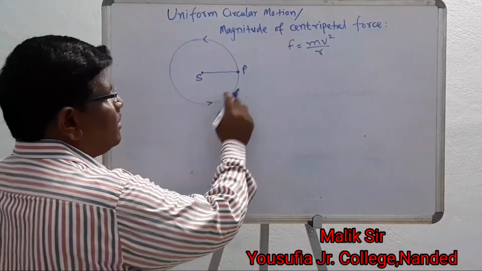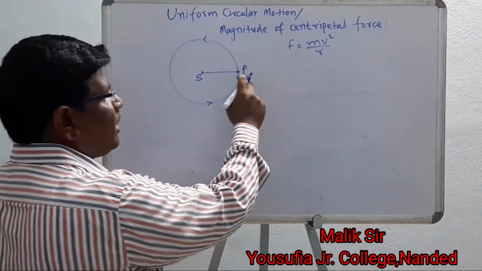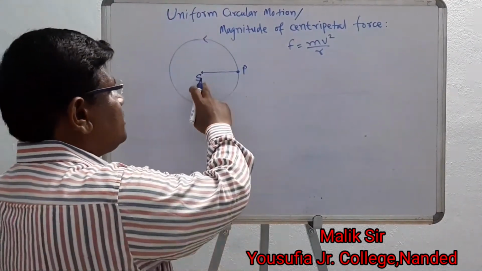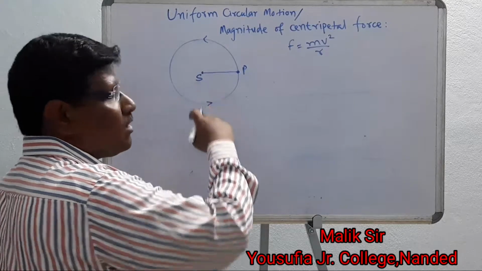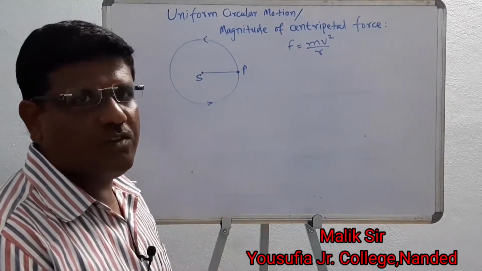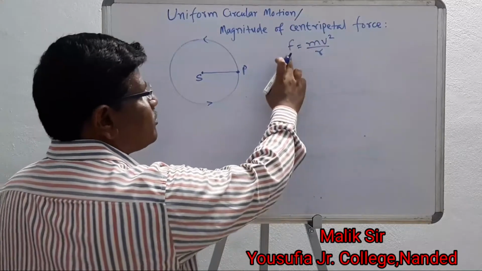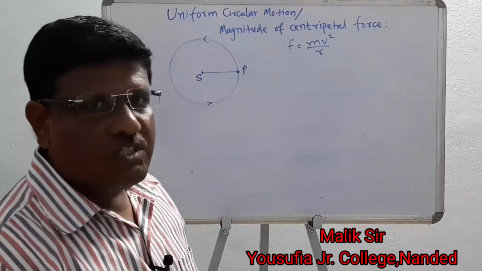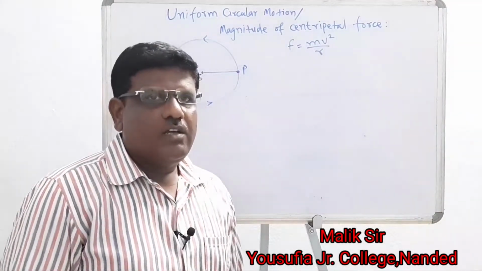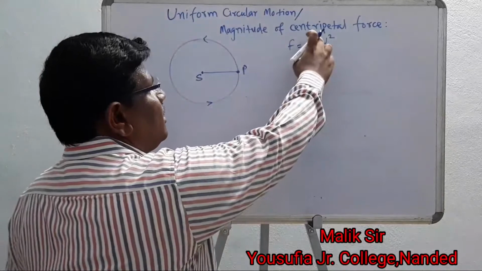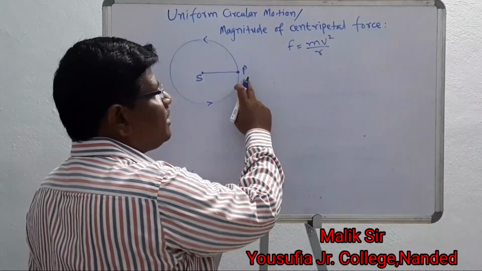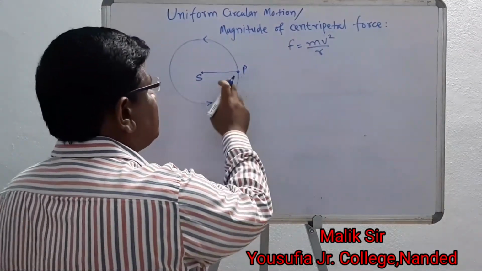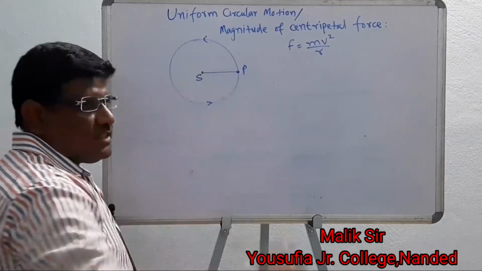The force acting on the planet, if it acts towards the center of this circle, or is directed towards the sun, is the centripetal force, and its magnitude is F equal to mv square divided by r, where F is the centripetal force, small m is the mass of the planet, v is the speed of the planet, and r is the distance between the planet and the sun.